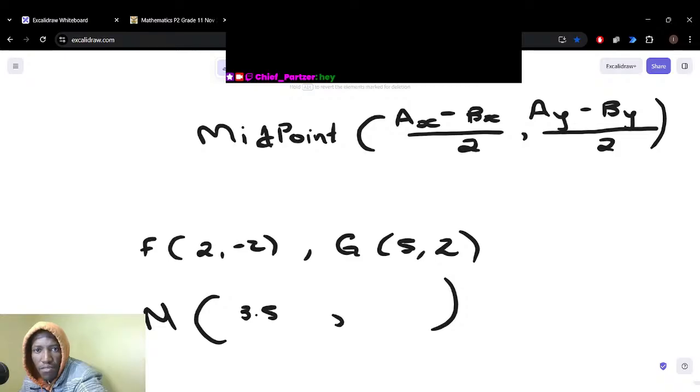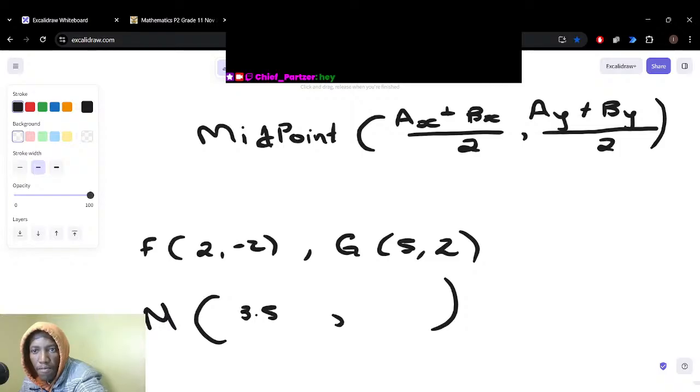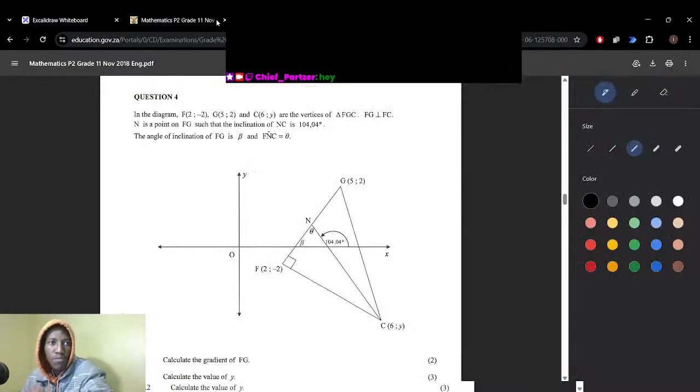It's plus: y1 plus y2. Something is not right.